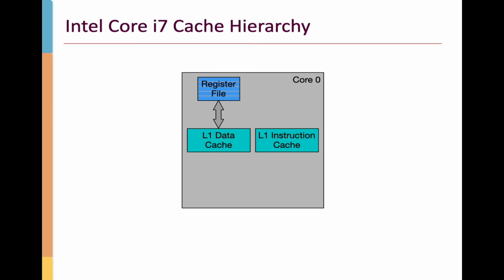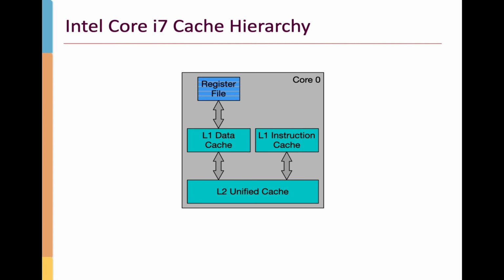The reason for this is that it's going to often be the case that the location in memory of the data that we're accessing is not going to be anywhere near where the instructions are going to live in memory. So if we merge these together into a single cache, there'd be potentially a lot of cache misses due to conflicts between the locations of the data and the locations of the instructions. So we separate these apart to try to improve our hit rate and avoid having collisions in the cache.